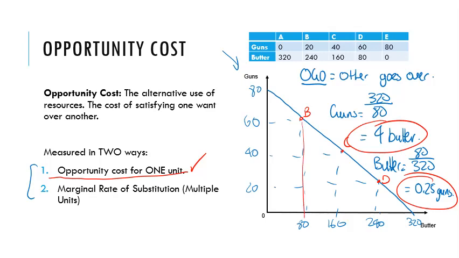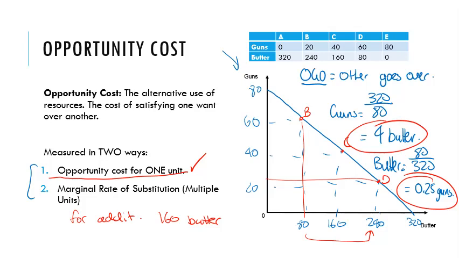Okay, so if I move from B to D and I increase my production, so for an additional 160 pieces of butter, what is my marginal rate of substitution?